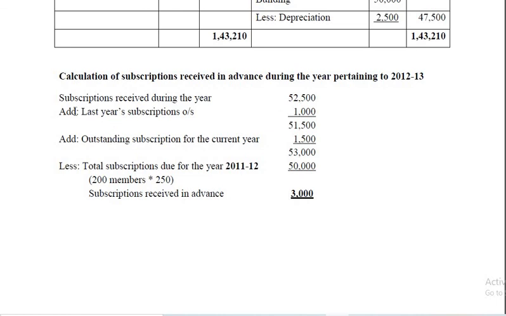Then outstanding subscription for the current year 1,500 should be added. Actually, subscription due for the year 2011-12 is 50,000. That means you have received more amount, that should be taken as subscription received in advance for the year 12-13. So thank you very much.